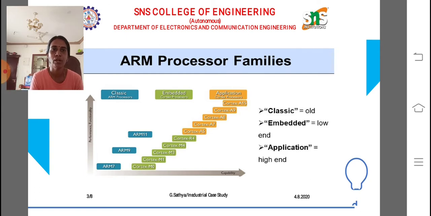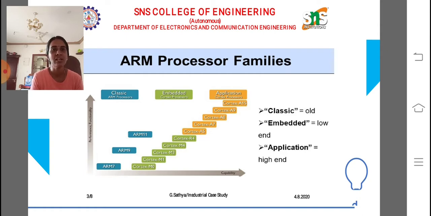If we go for application purposes, we are using the A series, and the M series and R series also, for higher end applications. For these higher end applications we can do multiple operations. If we go for the multi-core concept, we are using these higher end application processors.